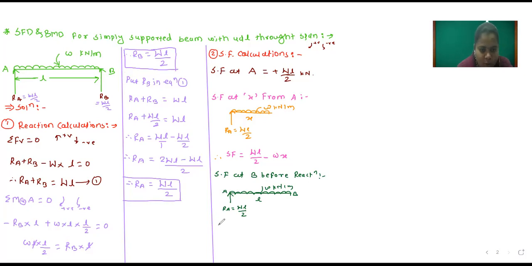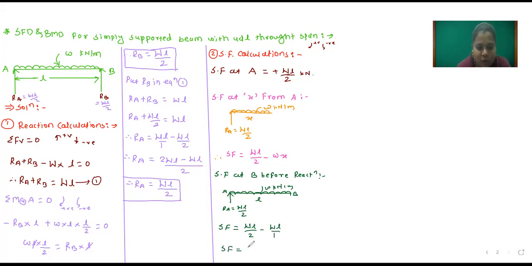So shear force is equal to WL by 2 minus W into L. Perpendicular distance is W into L. Again here we have to make the same denominator.